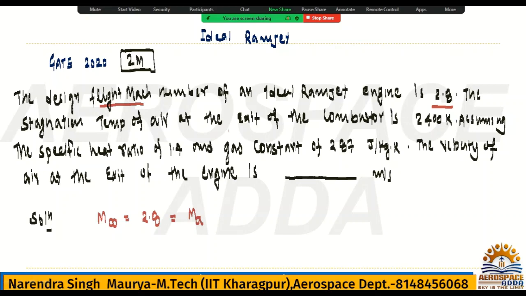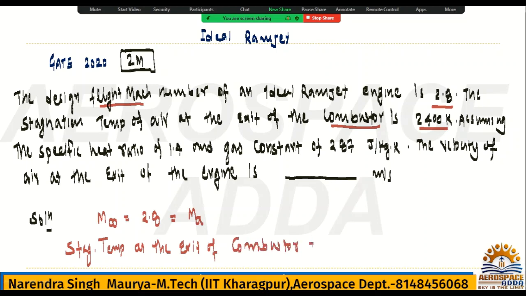Stagnation temperature of air at the exit of the combustor is 2400 Kelvin. So the temperature at the exit of the combustor is a stagnation temperature. They have given how much?